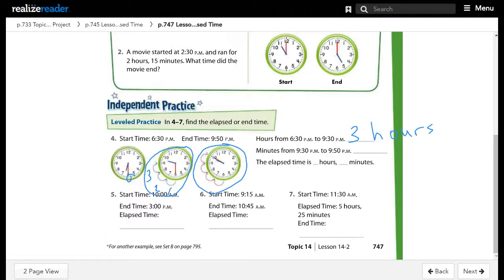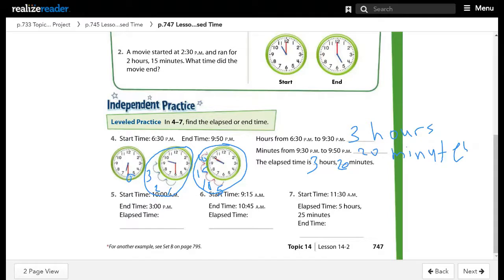Between each number we have 5 minutes. So 5, 10, 15, 20. So 20 minutes. The elapsed time is 3 hours, 20 minutes.